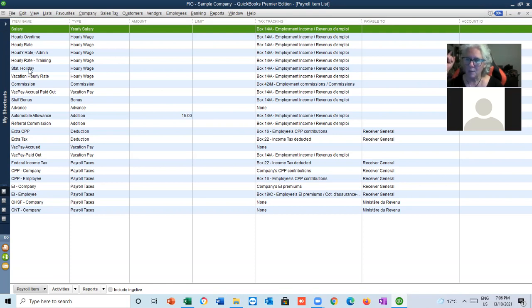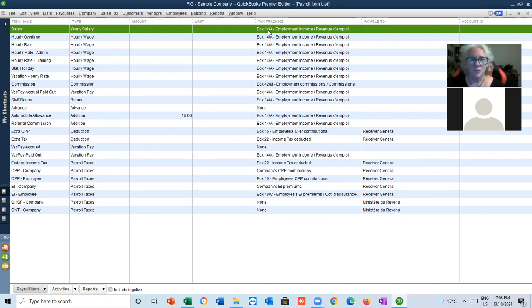Tag number one, tag to the right T4 summary box. That's important. For example, T4 Box 14 is gross wages, so you want all your gross wages showing up in this box. You want CPP showing up in the right box, EI in the right box. You want to make sure that your T4s are set up properly.